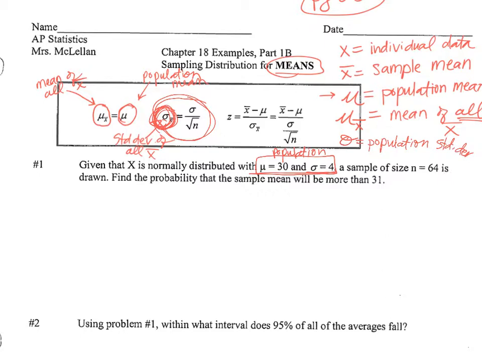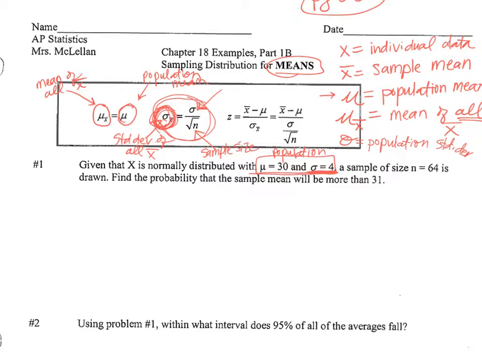So that's what we'll plug in here. They'll give you that sigma. This population standard deviation will be given to you. You will then have to do the formula by dividing it by the square root of your what? Sample size. Very good. Okay, good job. That's it. That's all that's different. Let's practice and see how we do.